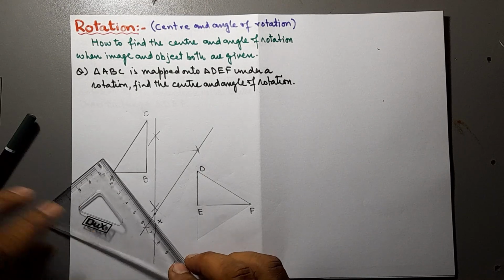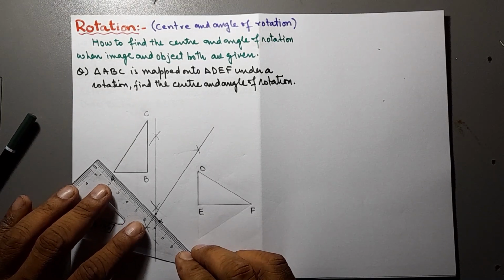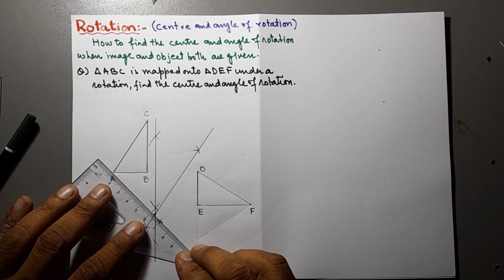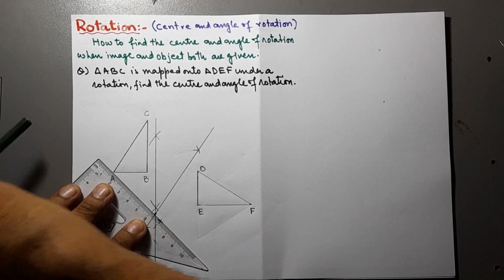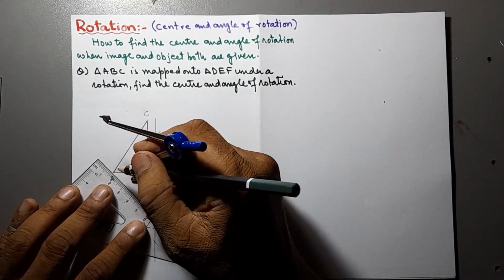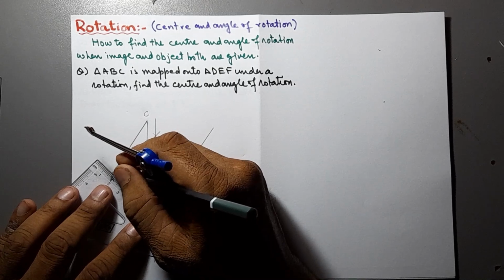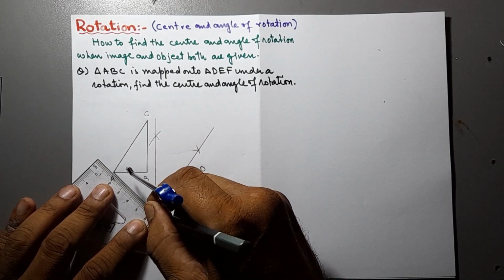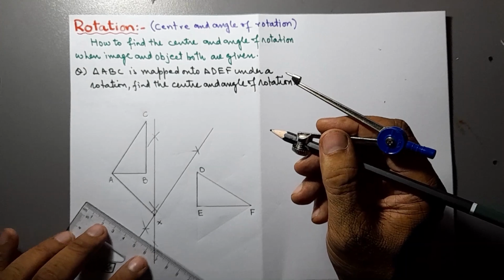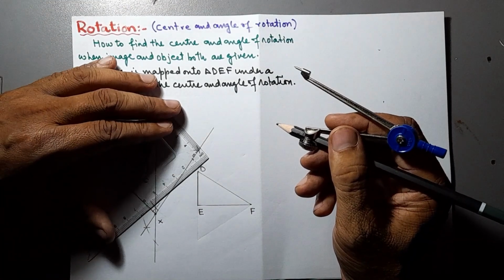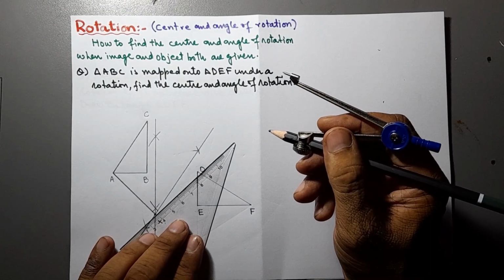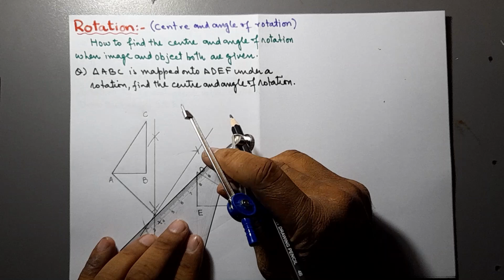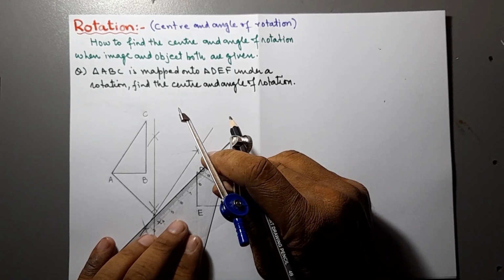Now A is the object, so I will join A with X like this, and then D with X, as A and D are respective object and image.